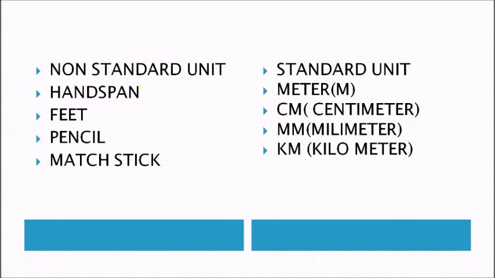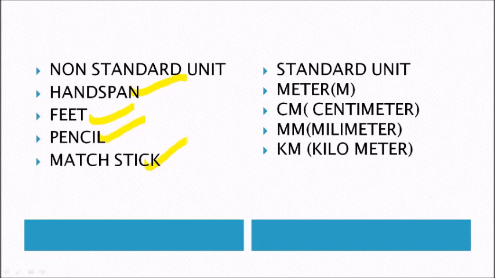So let's take some examples of non-standard units. Those are handspan, feet, pencil, matchstick. These units which we use to measure the length or height of any object are non-standard units because the handspan size will vary for each and every person.